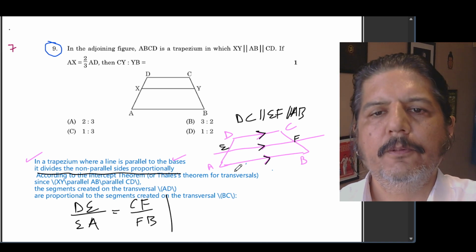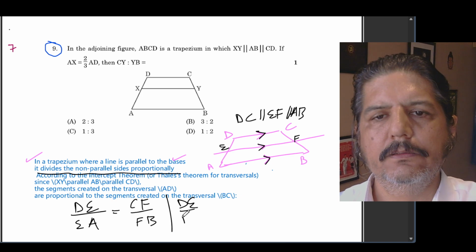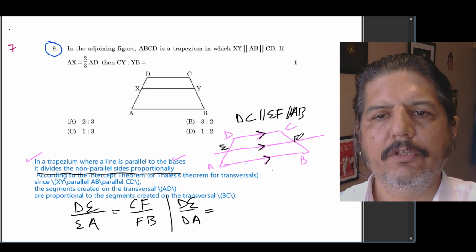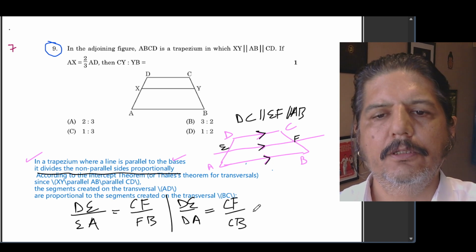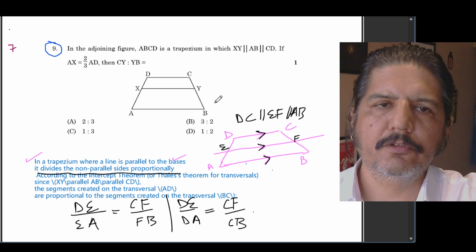Or I can also write DE upon DA is equal to CF upon CB. So for this question, you can accept this without any proof. Now let's look at the question.